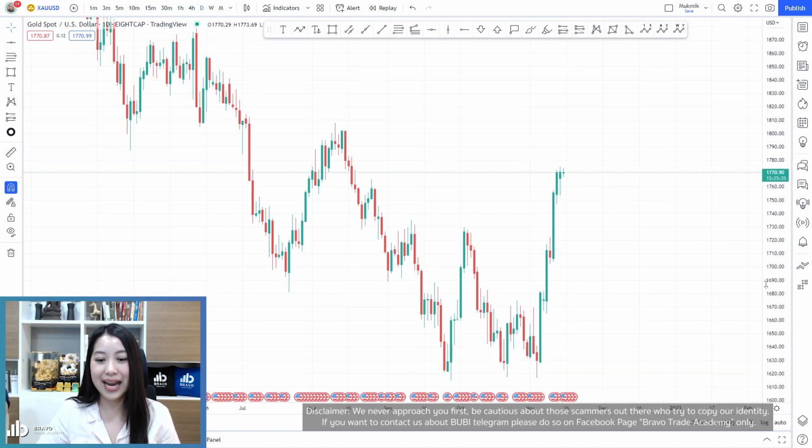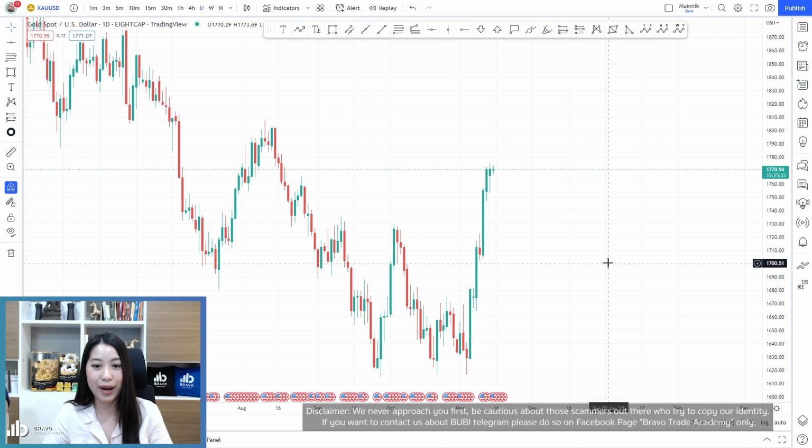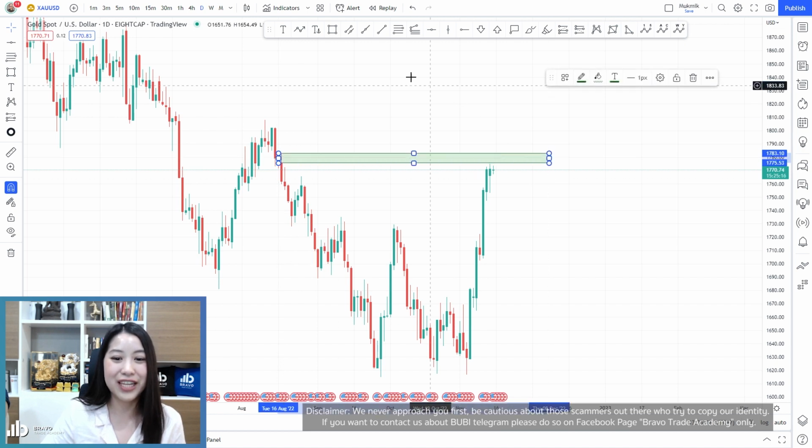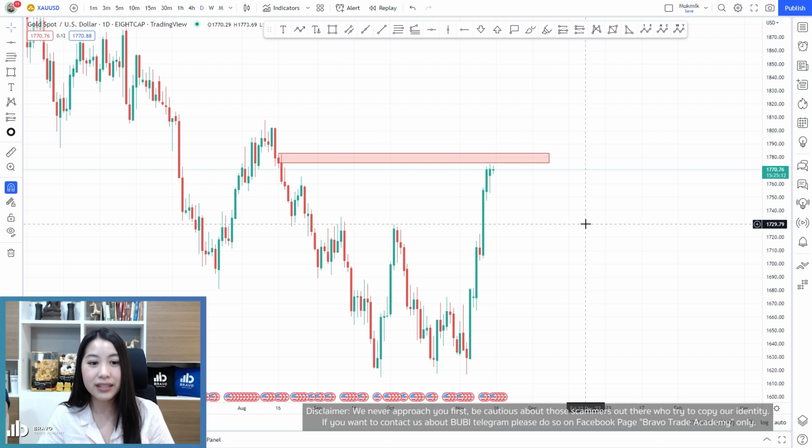So let's go to the daily time frame. In the daily time frame, yesterday's candlestick closed as a bullish one with quite a lot of strong buying power as well. However, the price touched this supply zone in the daily time frame, and this supply zone is very strong as well.